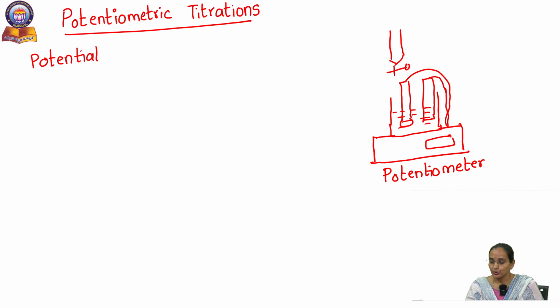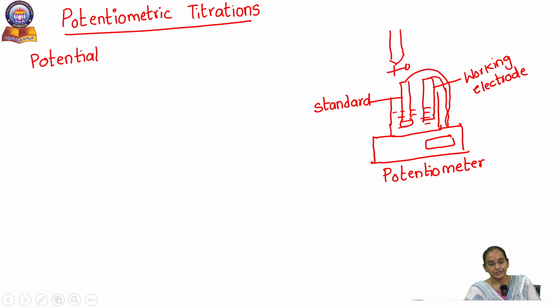Here we have taken 2 electrodes. One is the standard electrode, and the other is the reference electrode or working electrode. What are potentiometric titrations?